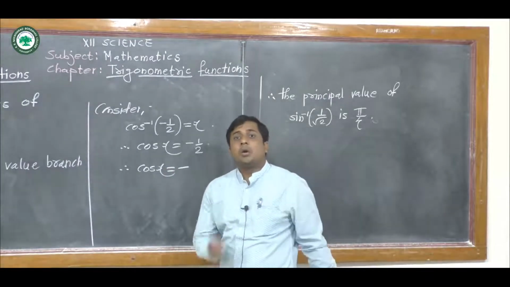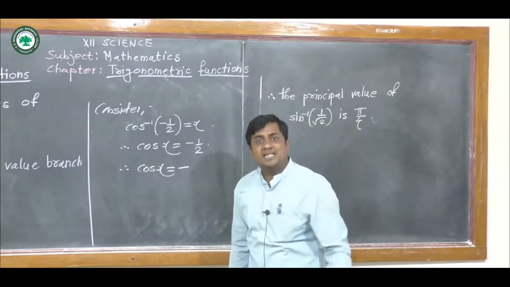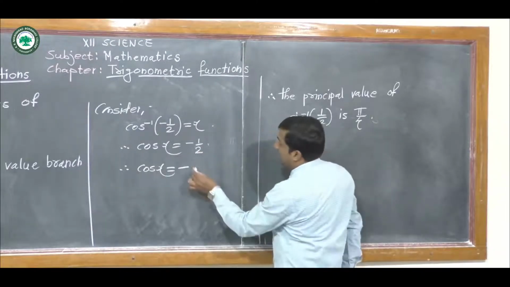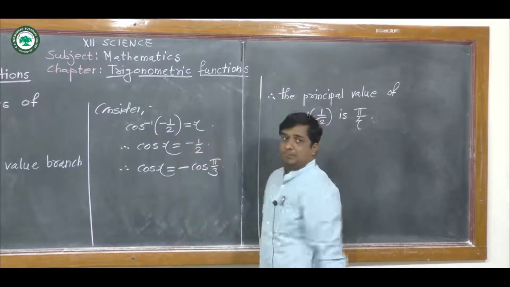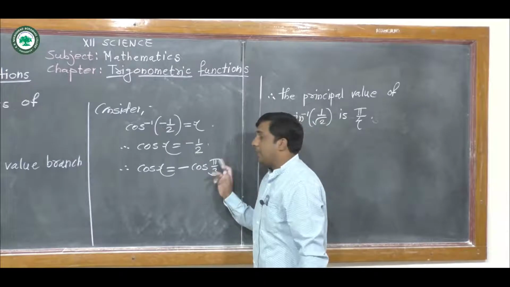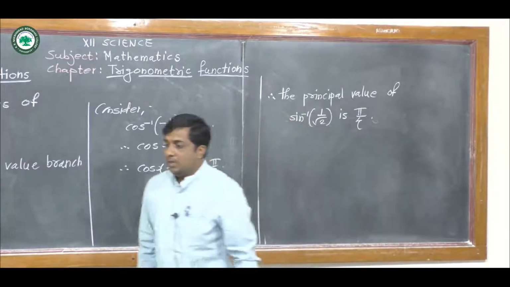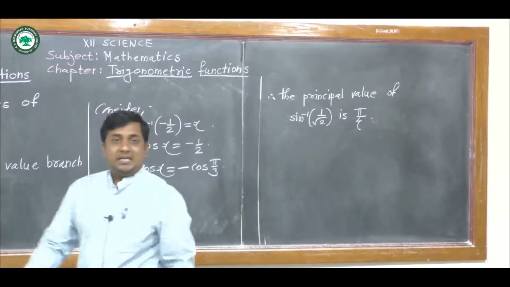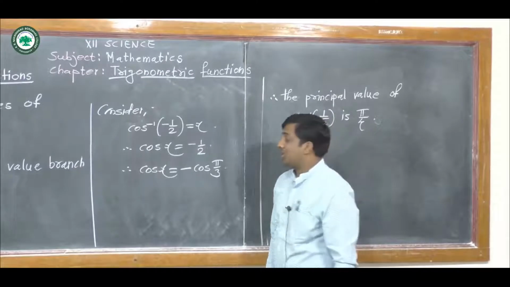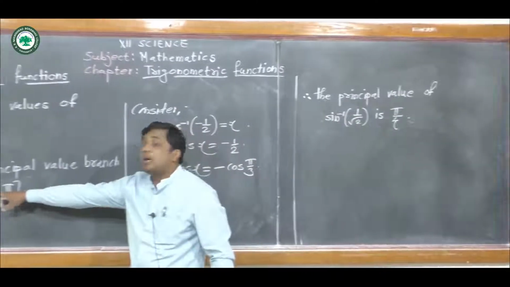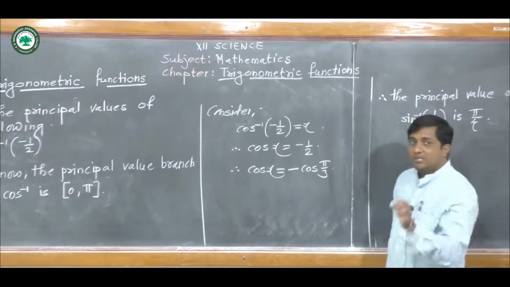Now we know cos pi by 3 is 1 upon 2, so I write minus cos pi by 3. This minus cos pi by 3 is in the form minus cos theta. We have to find the value which lies in the closed interval 0 to pi, and to find this, we consider one form.